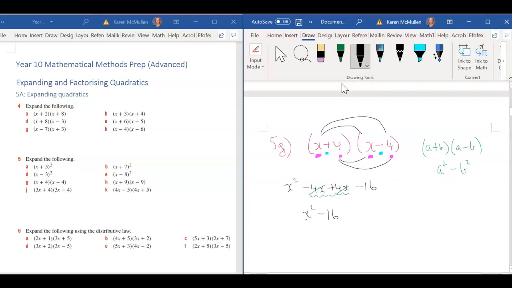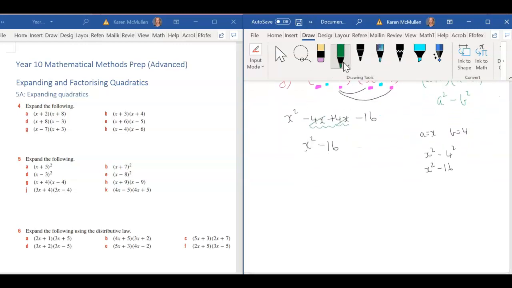In this question, I could have said from the very beginning, a is equal to x and b is equal to 4. That means I'm going to have x squared minus 4 squared, which is x squared minus 16.